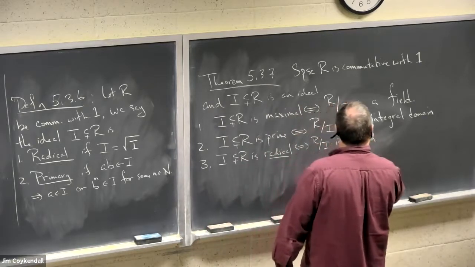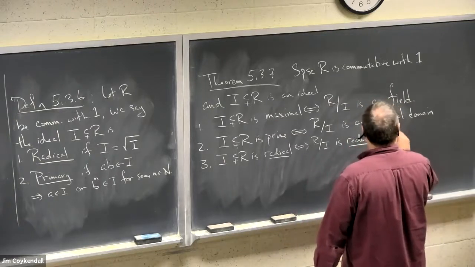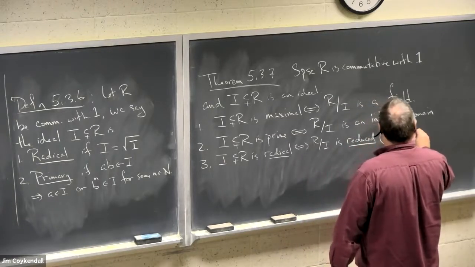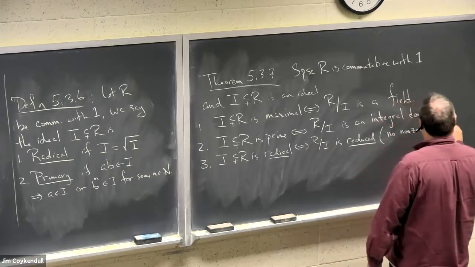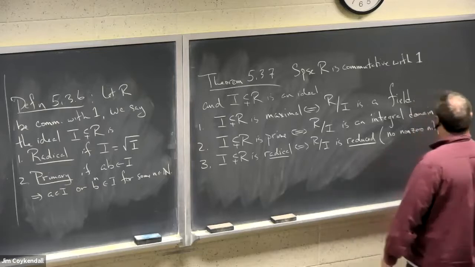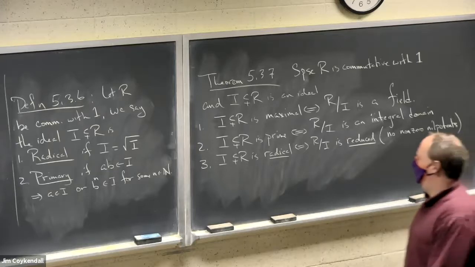I haven't told you what that means yet, but that means no nonzero nilpotents. So the ring is reduced if the only nilpotent element is 0.